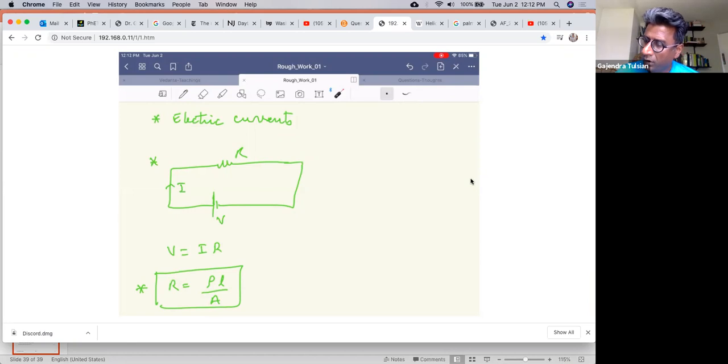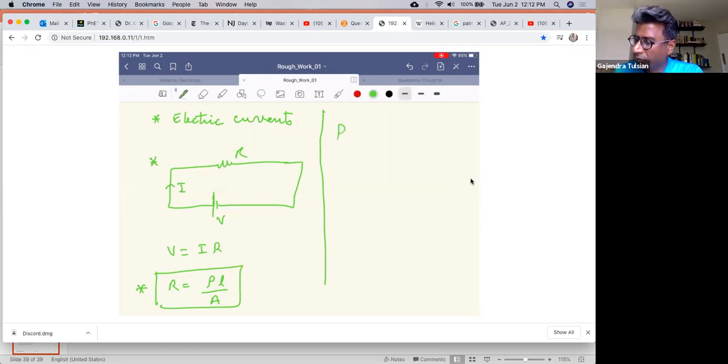And then we saw the power dissipated in this device, which is also the power supplied by the source.